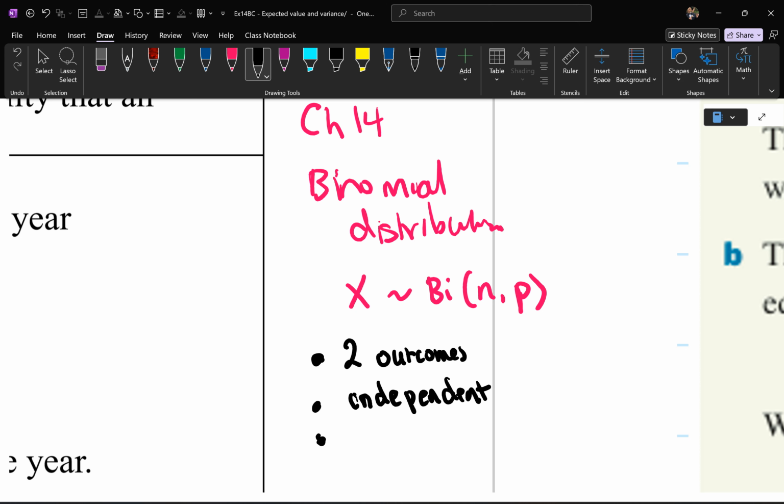Anything with replacement has constant probabilities. That's how you know it's binomial. Those three things must occur, and that's called a Bernoulli sequence. You have to have a Bernoulli sequence to identify it's binomial. Then we have the number of trials and the probability of success, so success versus failure.